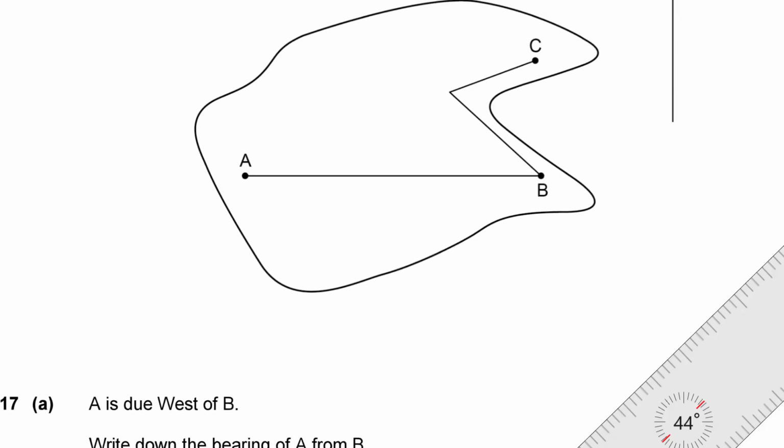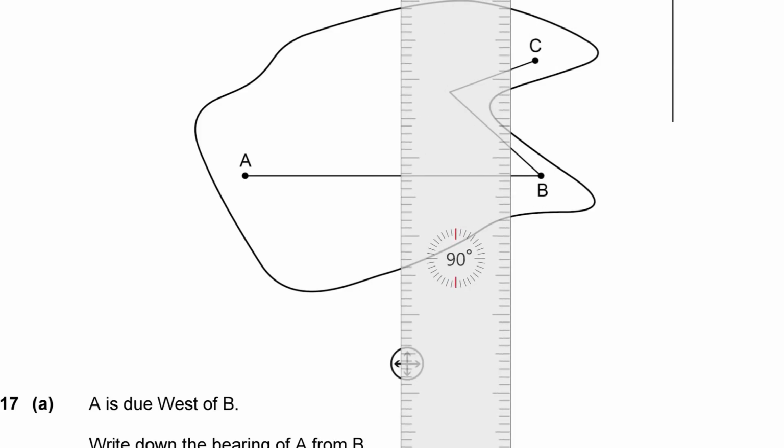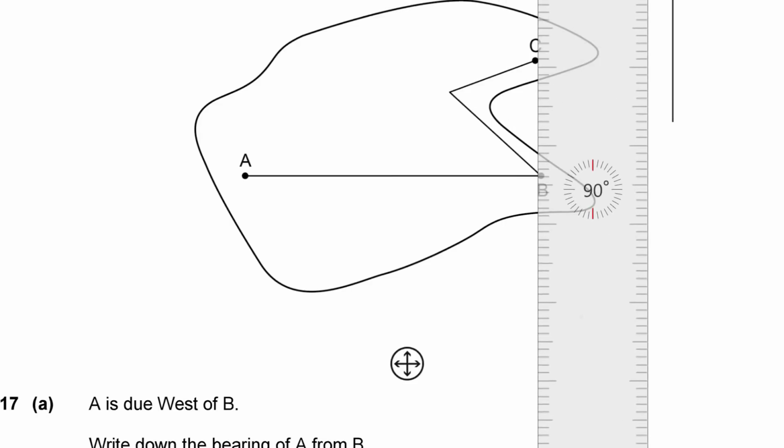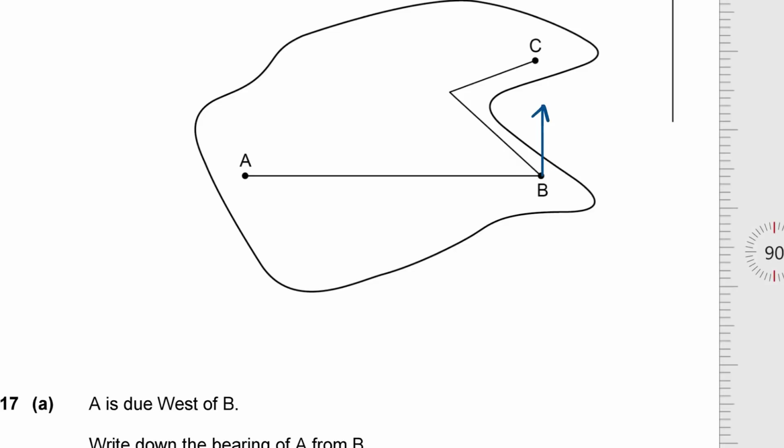So we're starting from B. If we draw a north line at B, because that's where we're setting off from. So let's just draw a north line on B. So north line is just a line going straight up in the same direction as the other north line I've been given. Then the bearing is always given clockwise from that north line.